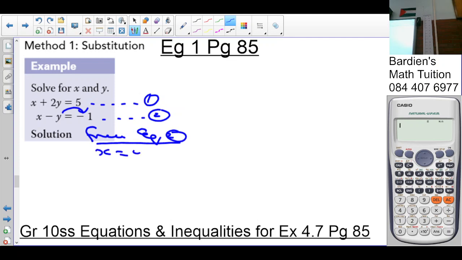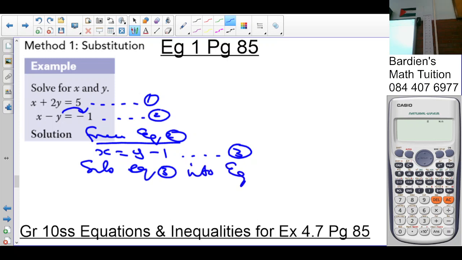X is equal to y minus 1. And this is equation 3. So what do we do now? Substitute equation 3 into the other equation, which in this case is equation 1. So we substitute equation 3 into equation 1.